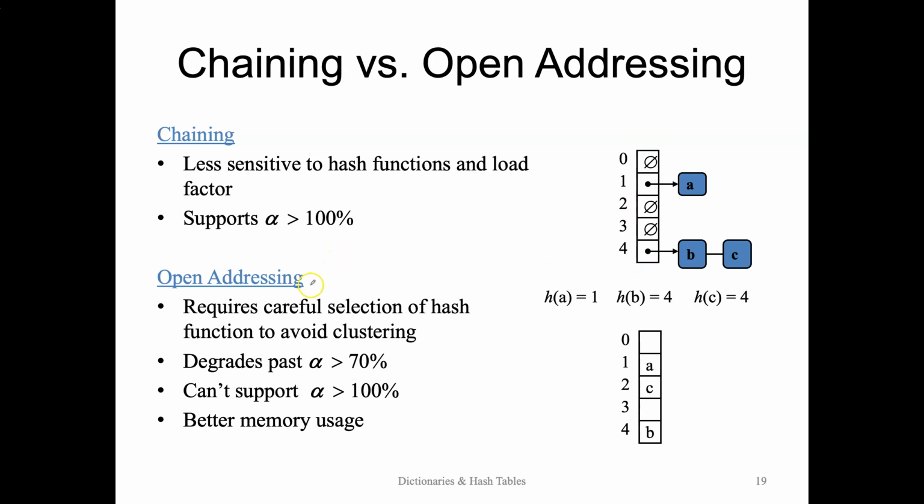Open addressing has better memory usage, but then it requires a little bit more careful selection of our hash function in order to avoid clustering like we saw with linear probing. And it also degrades after a certain point. So if we have a load factor larger than 70%, this doesn't really perform as well. And unfortunately it can't even support a load factor of larger than 100% like chaining could, because we only store 1 item at each cell.